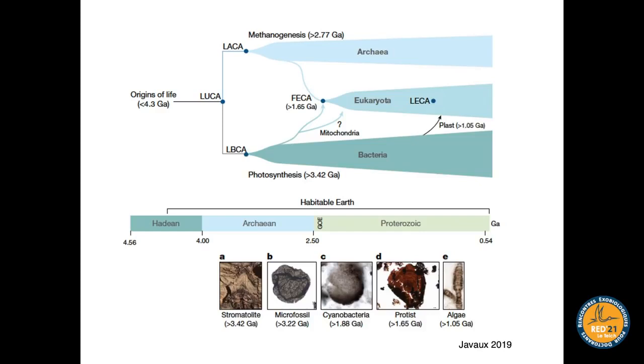And so here, if you look at the geological timescale, you can put the origin of life before 4 billion years ago, even before 4.3 for some of them, and then you will have the evolution of two very important metabolic activities, methanogenesis and photosynthesis, that should have evolved very early in the Archean. And that is very interesting.